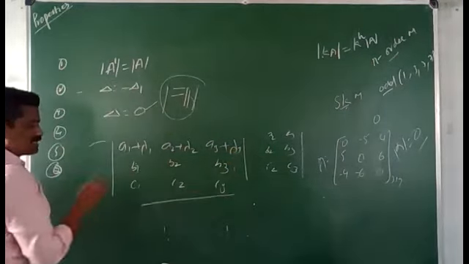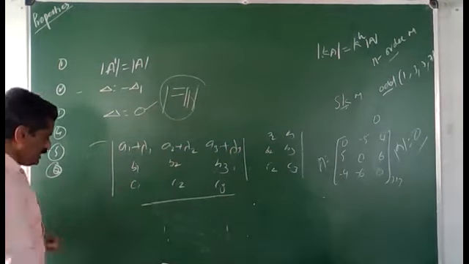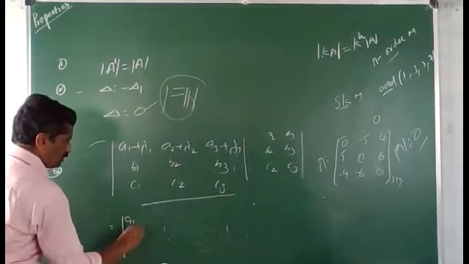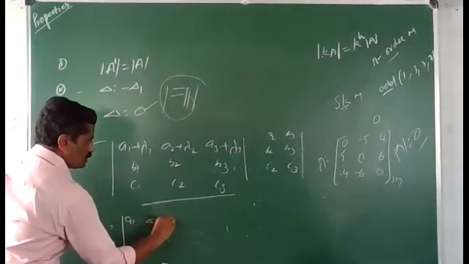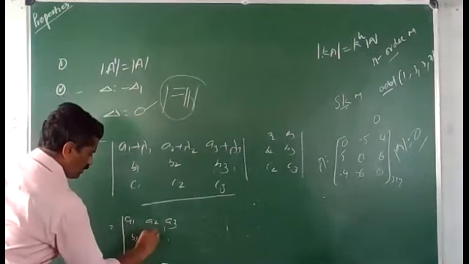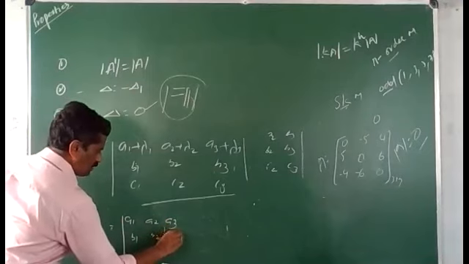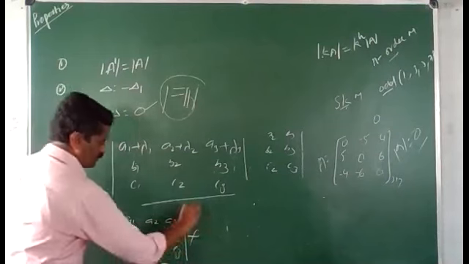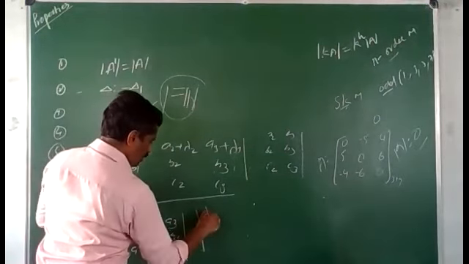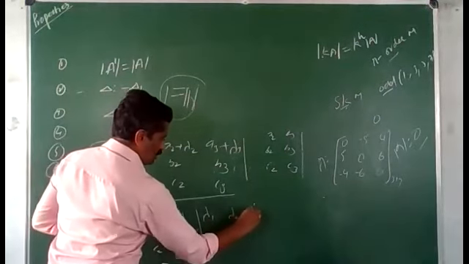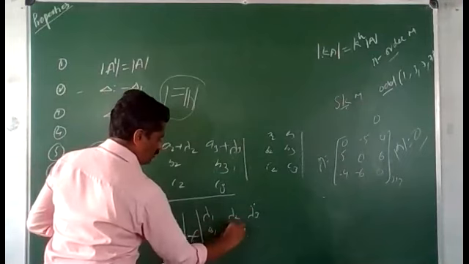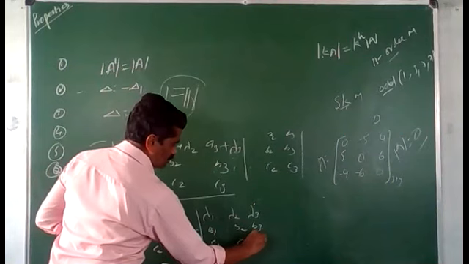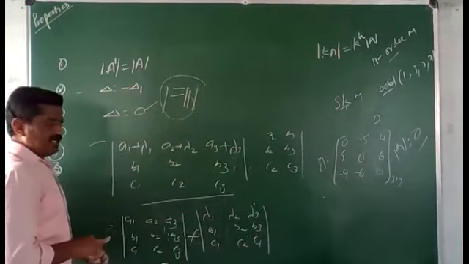Now this can be expressed as the sum of two determinants: a1, a2, a3, b1, b2, b3, c1, c2, c3 plus the determinant of lambda 1, lambda 2, lambda 3, b1, b2, b3, c1, c2, c3.